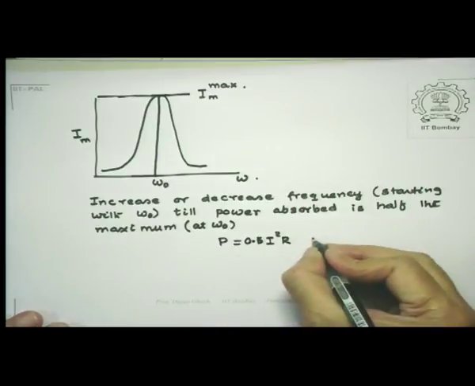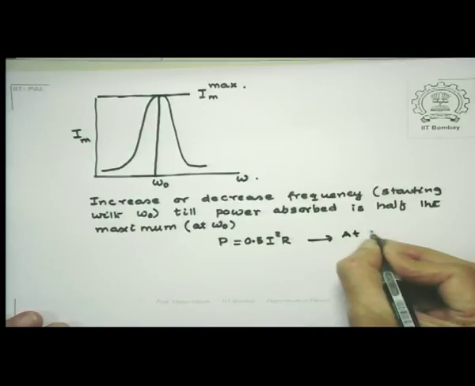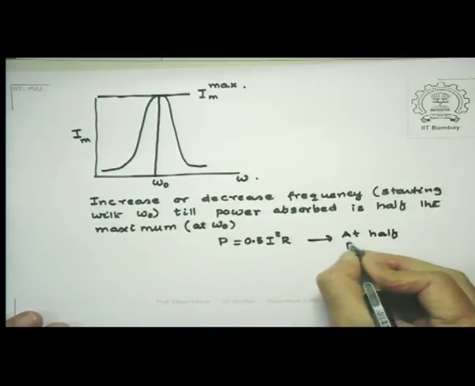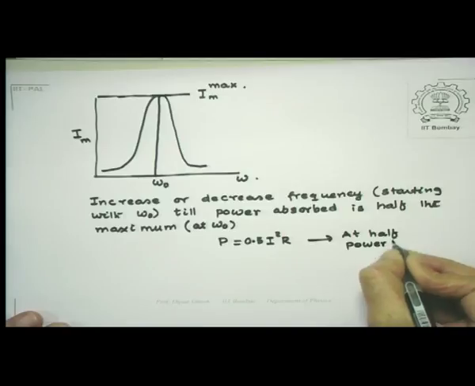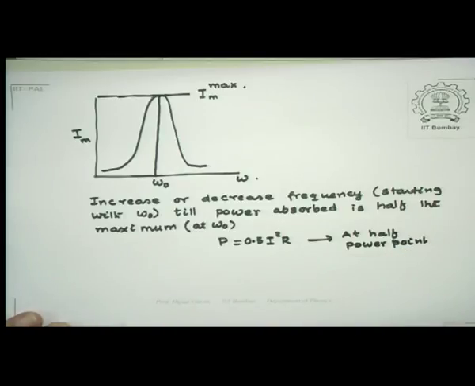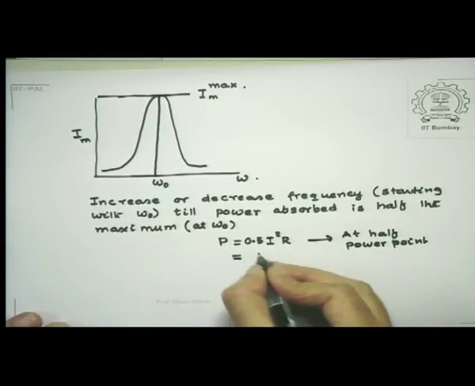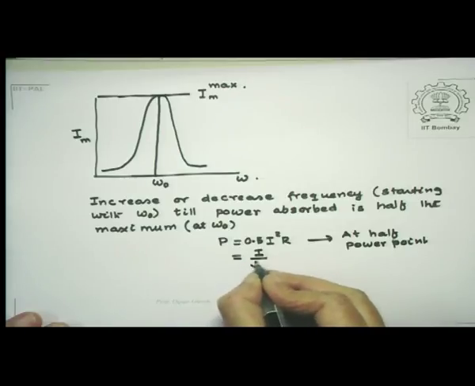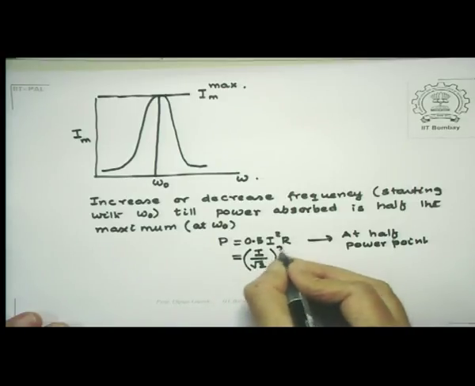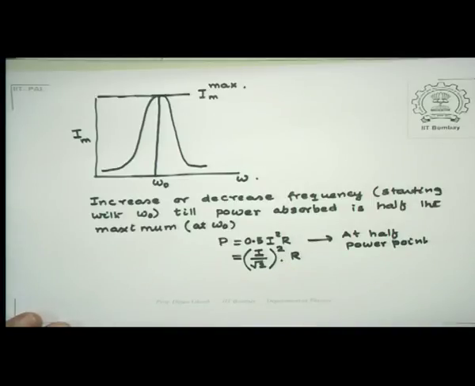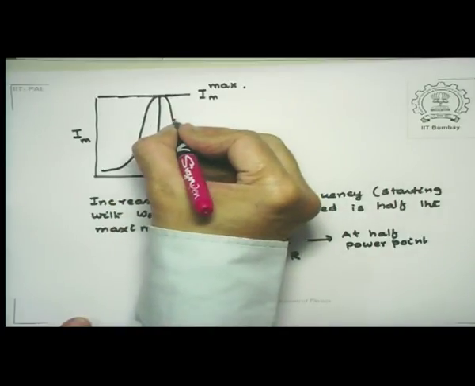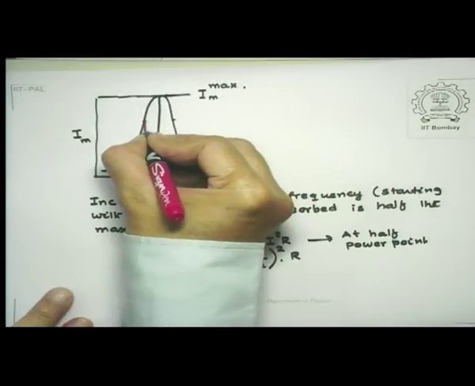So these are called half power points, which I can rewrite as I by square root of 2 whole square times R. So basically I am looking at the points where the maximum current has dropped to about 70% of the value, that's 1 over square root of 2. So these are the 2 points.